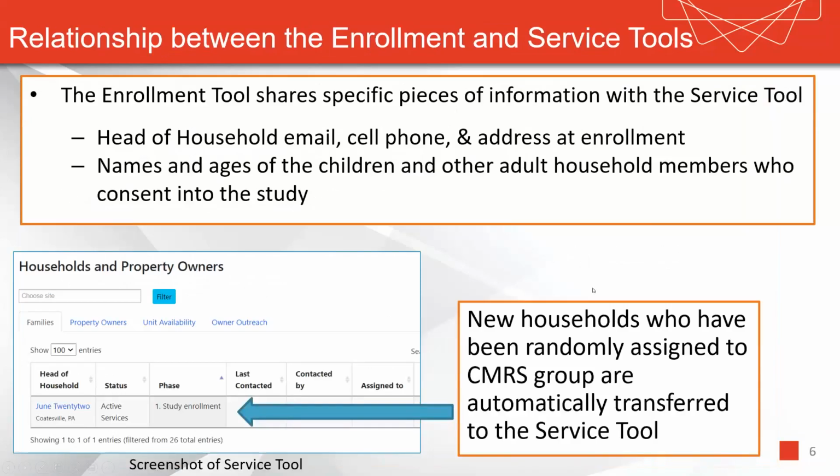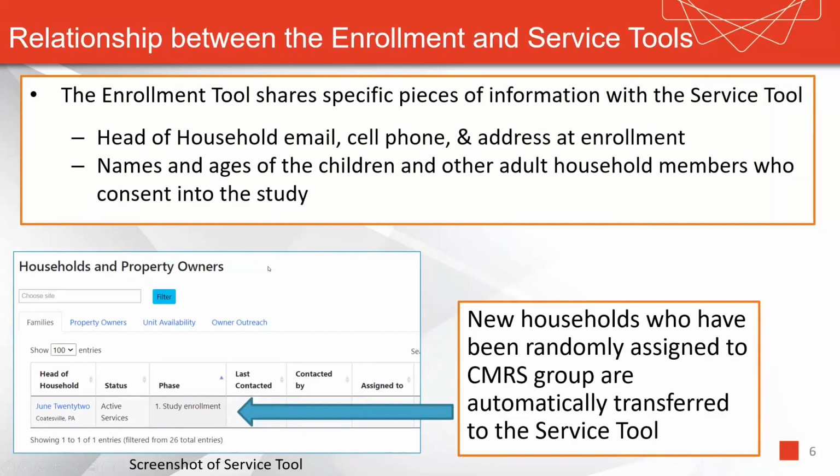So, thinking about the relationship between the enrollment and service tools. The enrollment tool shares some specific pieces of information with the service tool, so the mobility services staff can see the head of household's email, cell phone, and address at enrollment, as well as the names and ages of children and other adult household members who consent into the study.